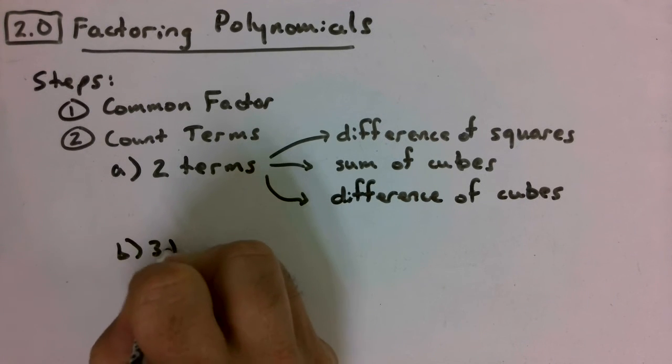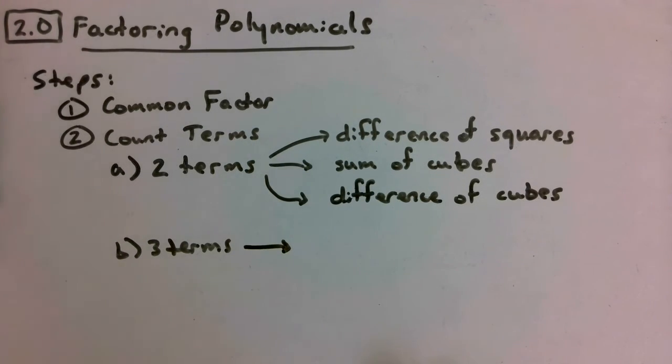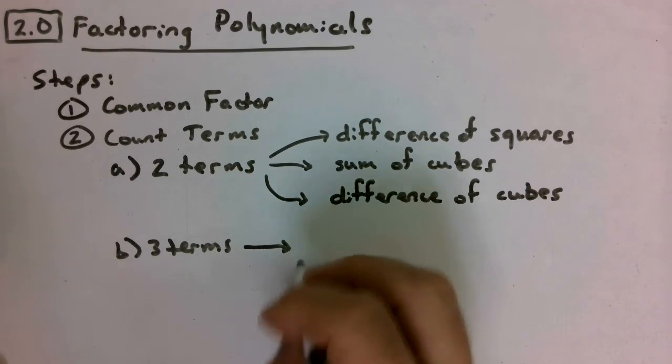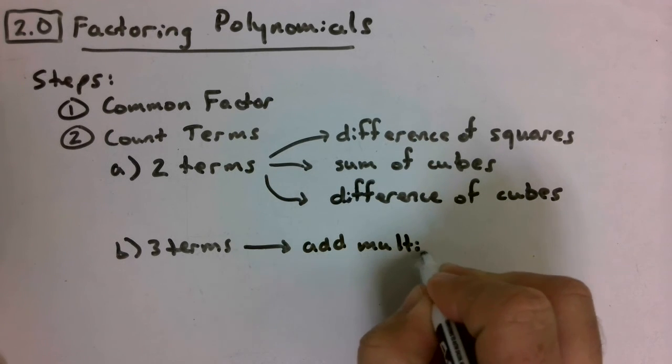If you have 3 terms, there is one method that we typically use, and it doesn't have a standard universal name like these other 3 do, but a lot of times it's referred to as the add multiply method.